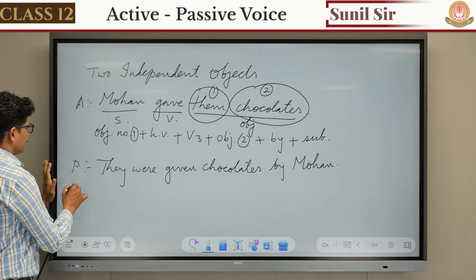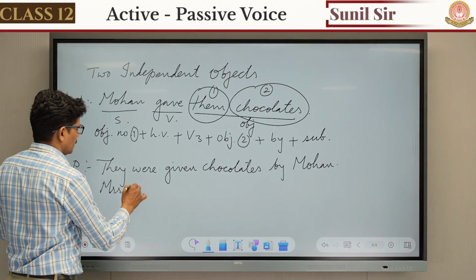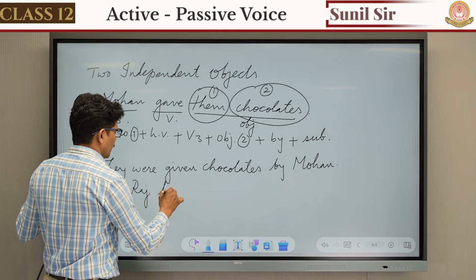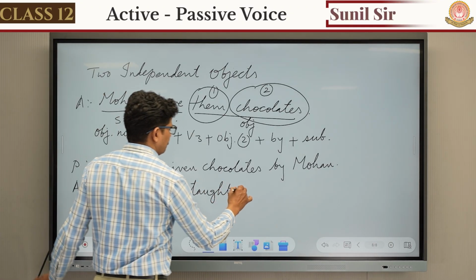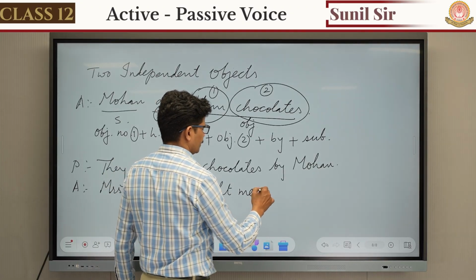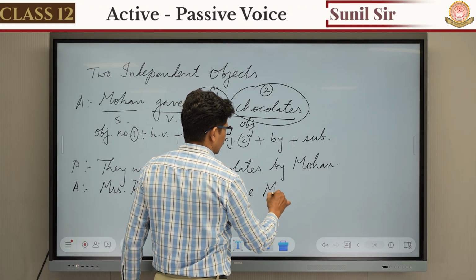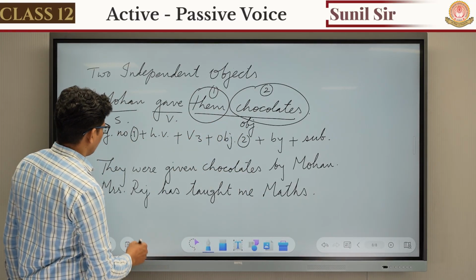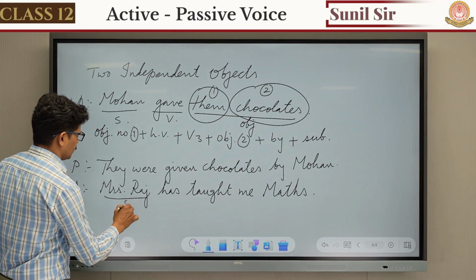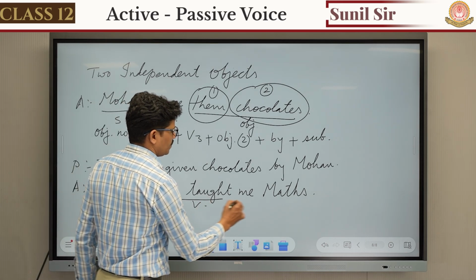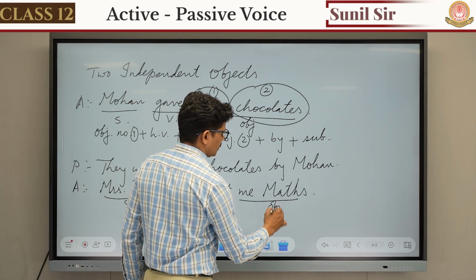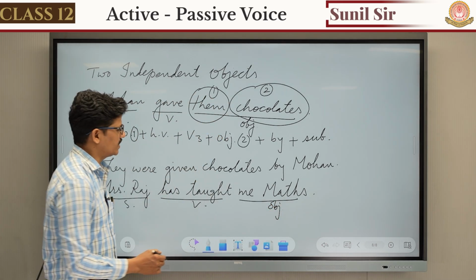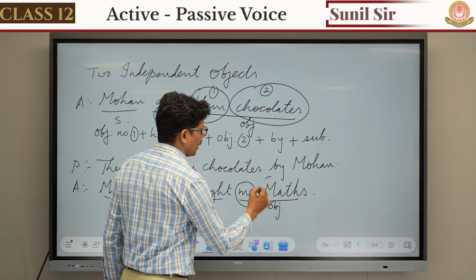One more sentence. Mr. Raj has taught me maths. If we divide this sentence into 3 parts: subject, verb, and object. But there are 2 independent nouns, that is "me" and "maths".